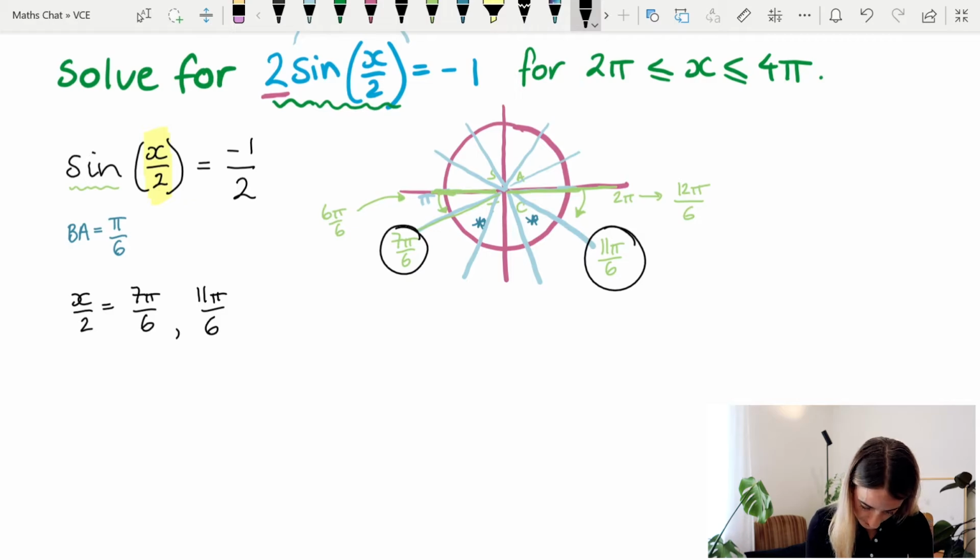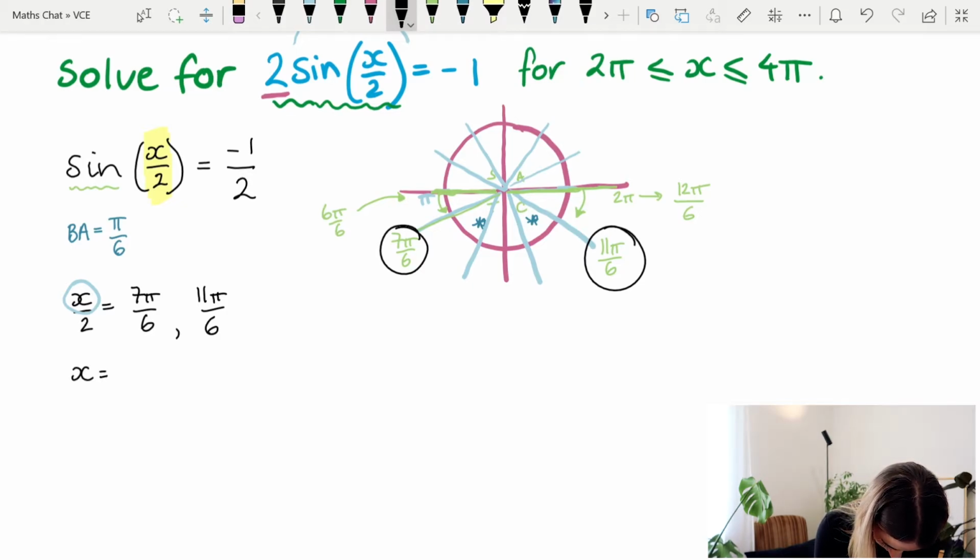At this point, because I want to get x on its own, because I'm solving for x, I need to multiply everything by 2. So I'm dealing with x equals 14 pi on 6 and 22 pi on 6.